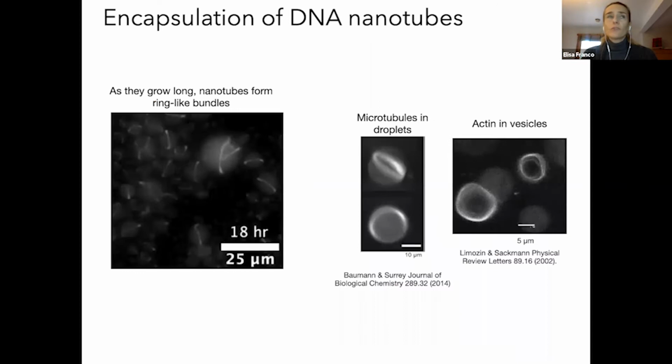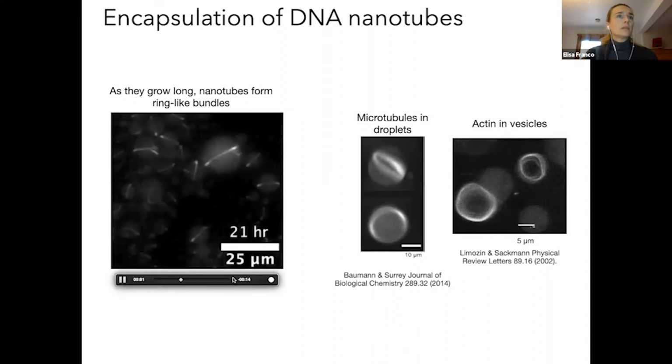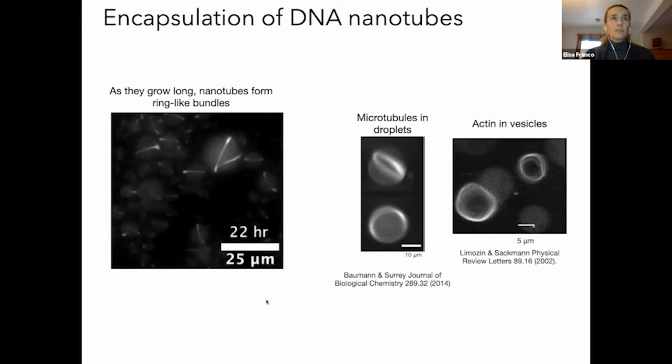So this formation of rings is actually, let me see if I can play this movie. Yeah, so here you can see a replay of the last few hours of the experiment, of the images that I showed you earlier. This phenomenon of forming rings is observed also for other types of biological polymers.